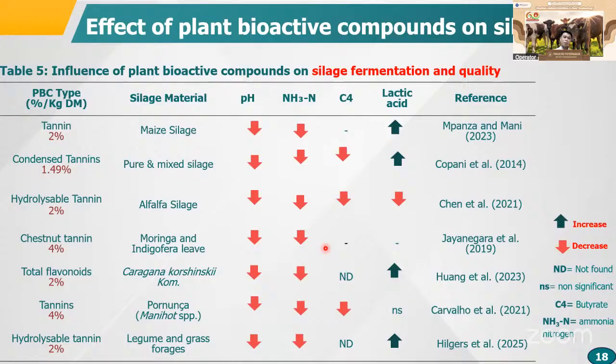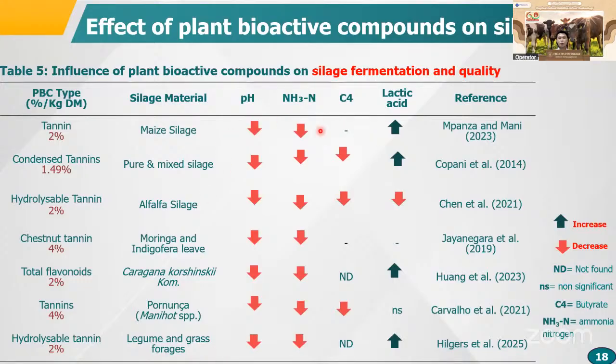So let's move on to the effect of plant bioactive compound supplementation in silage. We check what happened to the silage quality. You can see here tannin 2%, condensed tannin 1.5 to 4%, inoculated into silage like maize, alfalfa, moringa, or some legume.